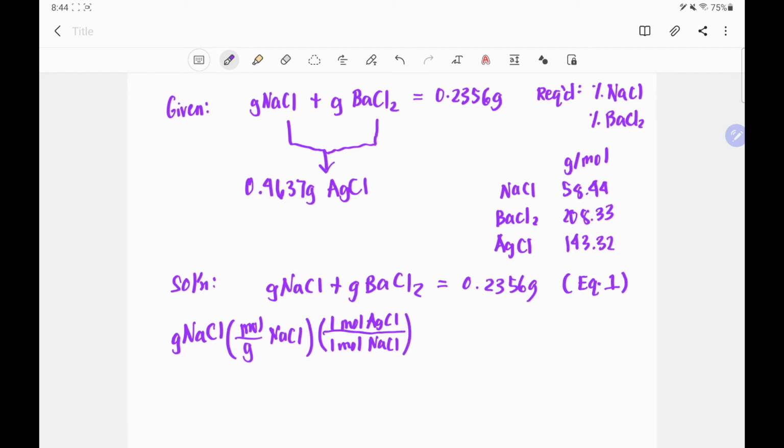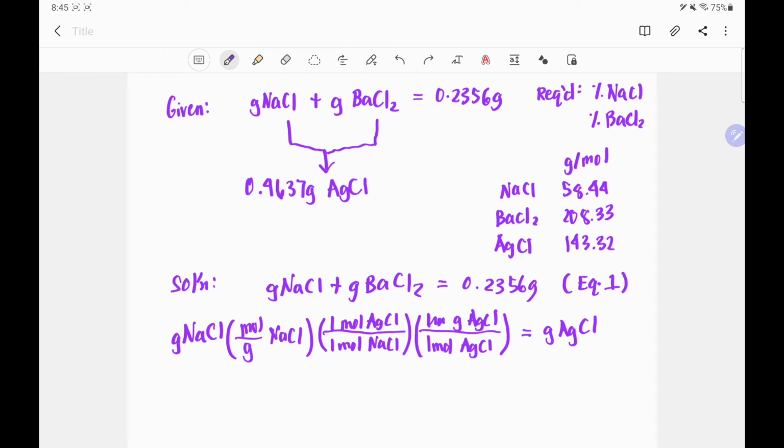There should be 1 sodium chloride for every 1 silver chloride. Once I have moles of silver chloride, I can then calculate for the grams of silver chloride. So, the grams of sodium chloride from my original sample can be stoichiometrically converted into the equivalent grams of silver chloride that forms part of the final product.